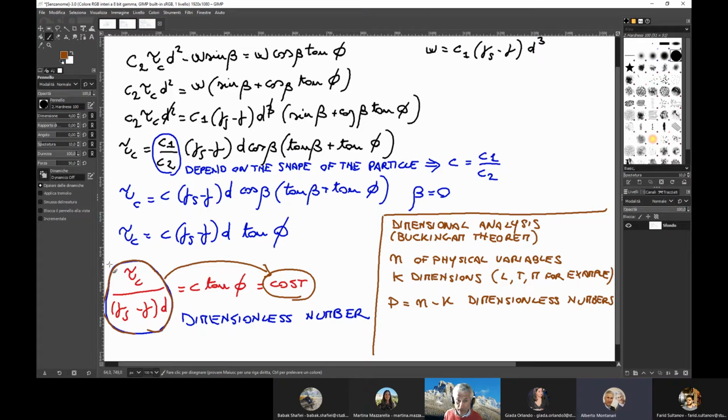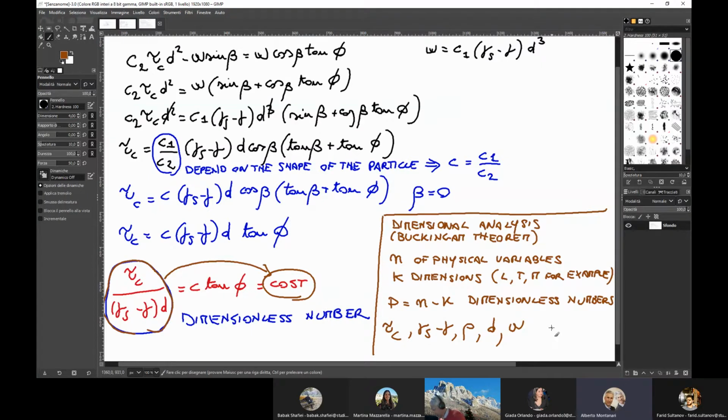Now, if I look at the physical variables, these are tau c, describing the process, comma, gamma s minus gamma, describing the process, rho, mass density of seawater, d, the dimension of the units, v, the velocity of the fluid particle that is colliding with the Harbour unit.